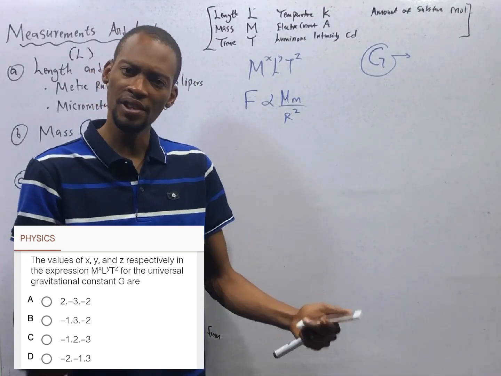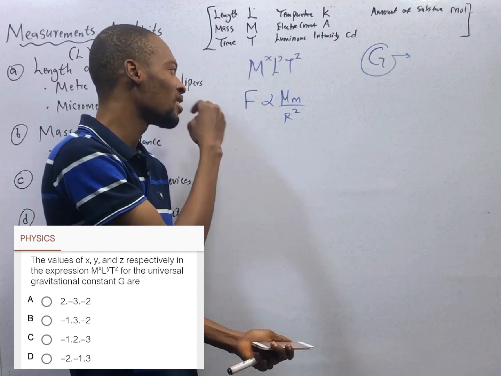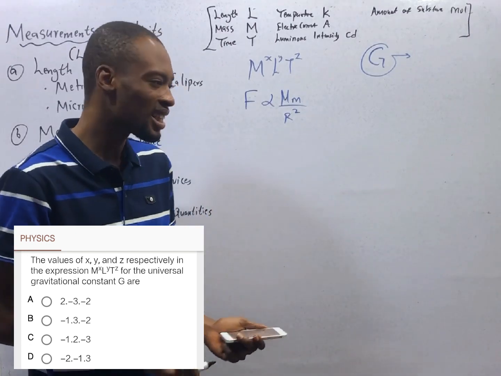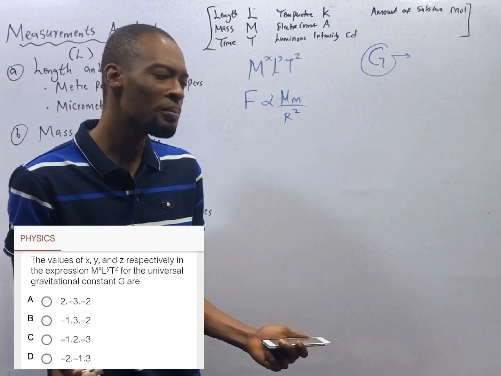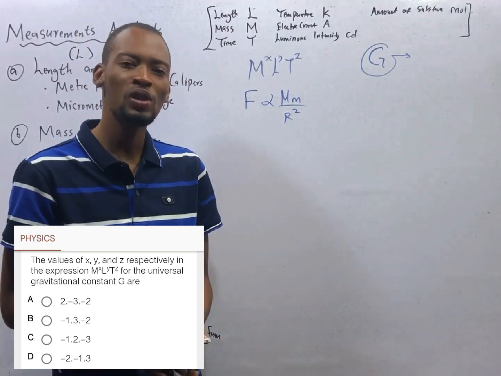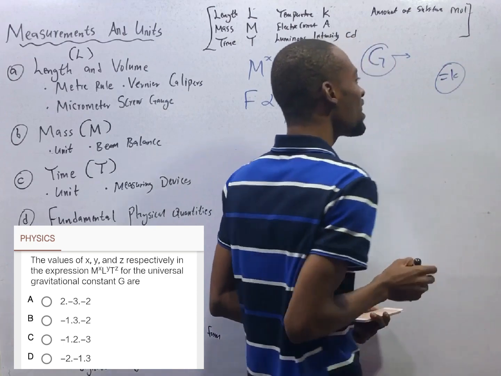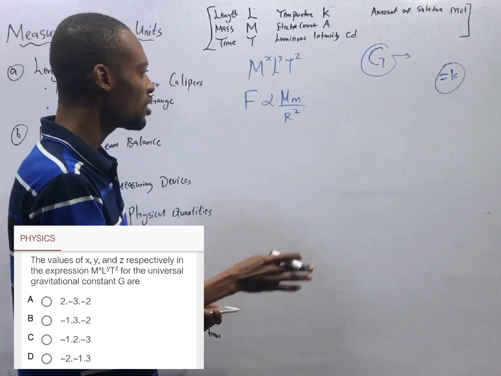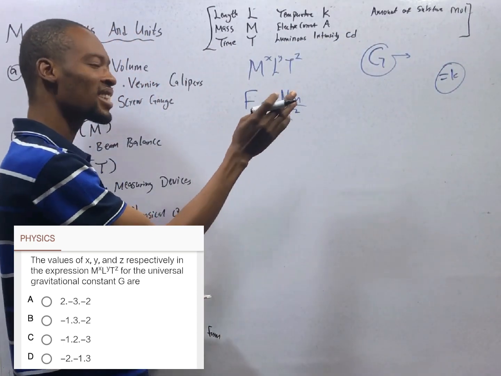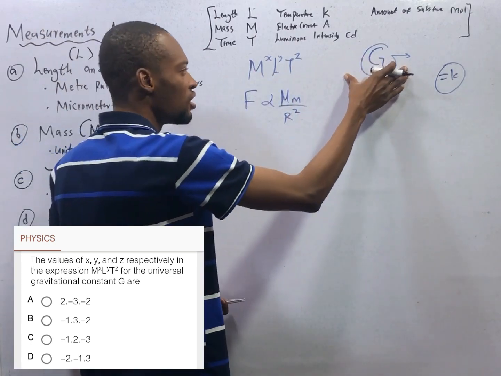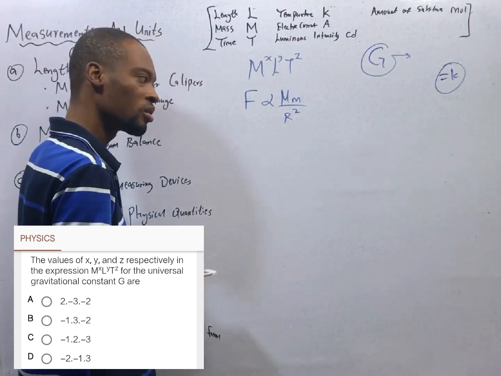In mass or in variation, we don't solve with the proportionality sign. We solve with the equality sign. Anytime you have a proportionality sign, when you convert to equality sign, you get equals k, where k is a constant. In this our case, the constant k is this big G, which is the gravitational constant.